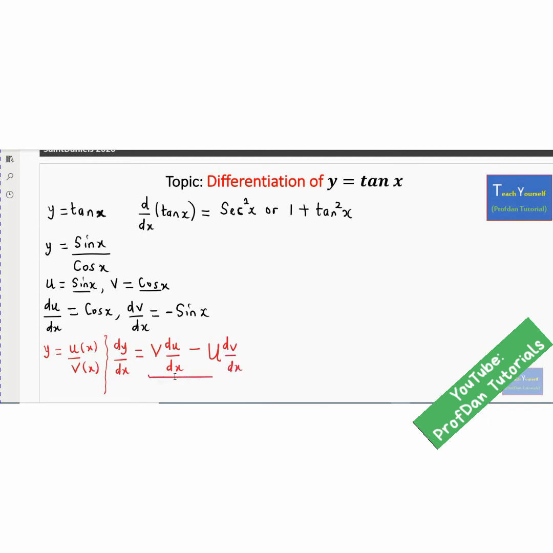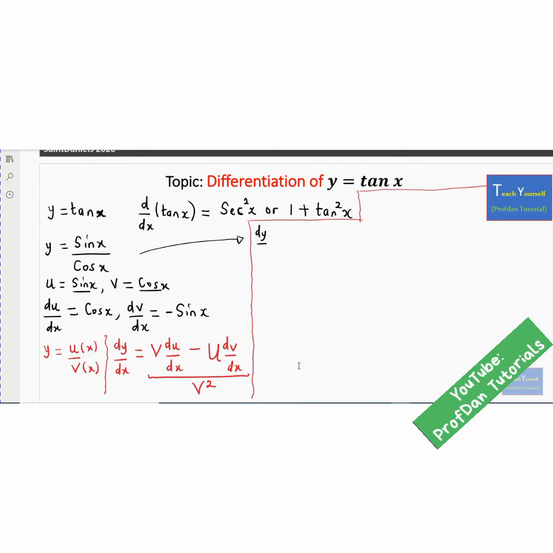All of these divided by the square of the denominator. This is the quotient rule, and that is what we are going to apply now.